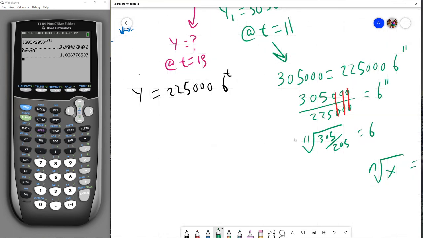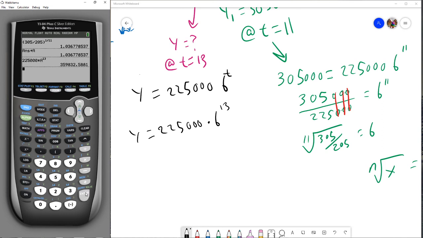So now that we have our b value, we know what t is. We can start plugging values in. So y will equal 225,000 times our b to the 13. So we can just plug this straight into the calculator now, times our b value to the 13th.